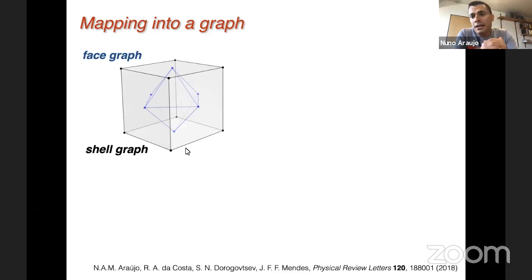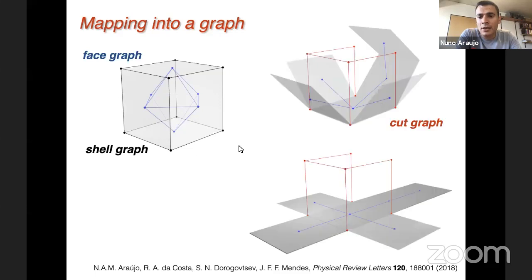So finding the possible cuts that I can do to my cube in this case is the same as finding a subgraph of the shell graph where the links are the edges that I cut in my edge unfolding process. Since I want to open this structure, this subgraph, which I will call the cut graph and which I'm representing in red here, needs to fulfill three different criteria.